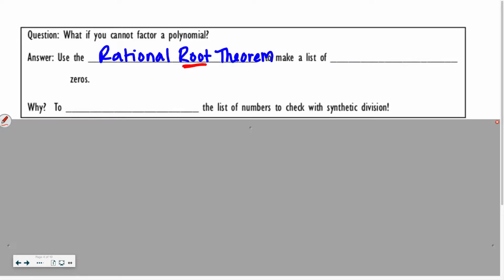And now is a great time for me to talk about the word root. So a root of a polynomial is just another word for a zero. Sometimes this is also referred to as the rational zero theorem. And a zero can also be called an x-intercept as long as it's real. We just talked about that previously.